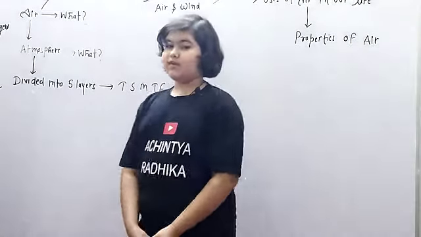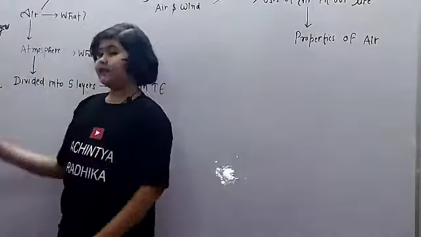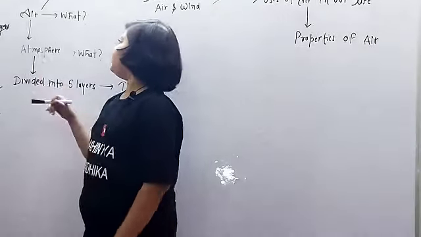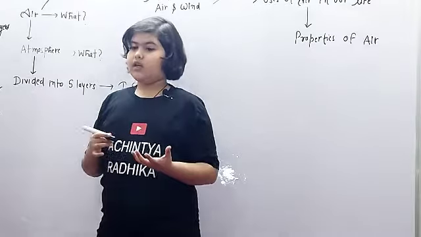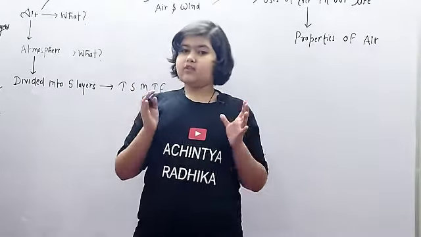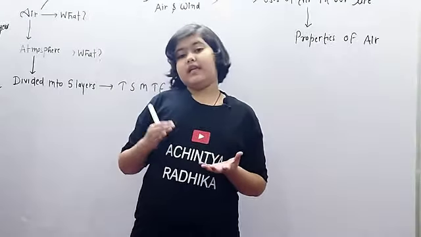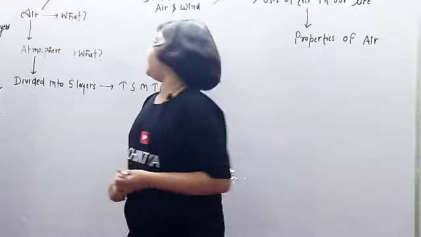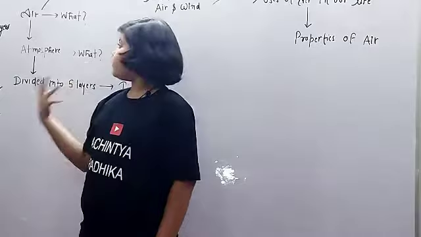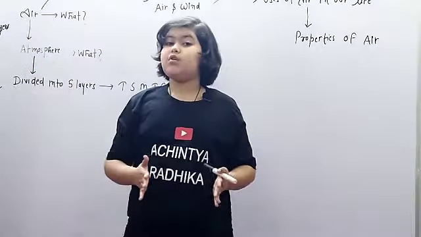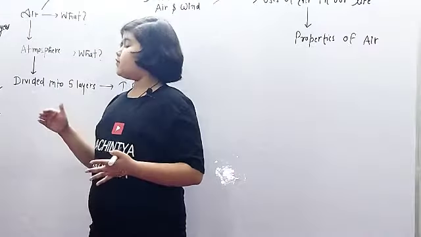So what are we going to learn in this chapter? We'll be learning what is air, then we'll be learning about atmosphere, as it is a subtopic. What's a subtopic? Air is a main topic, and the other topics in this chapter are known as subtopics. So we'll be learning about air, then the atmosphere, what is atmosphere, and the different layers of atmosphere.